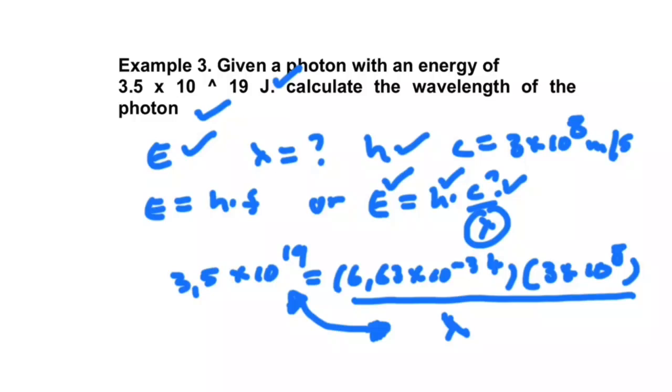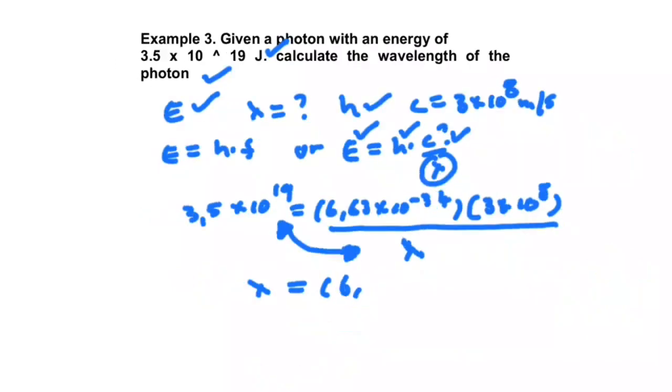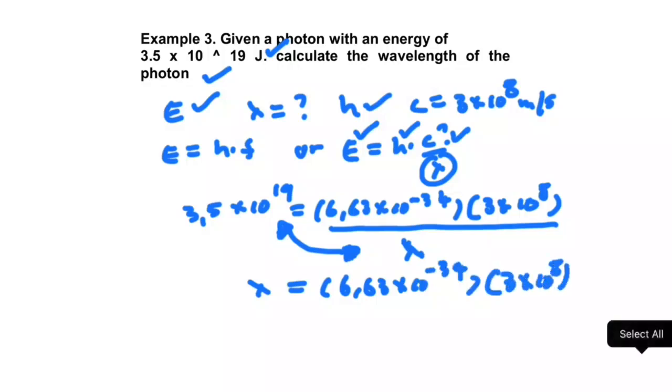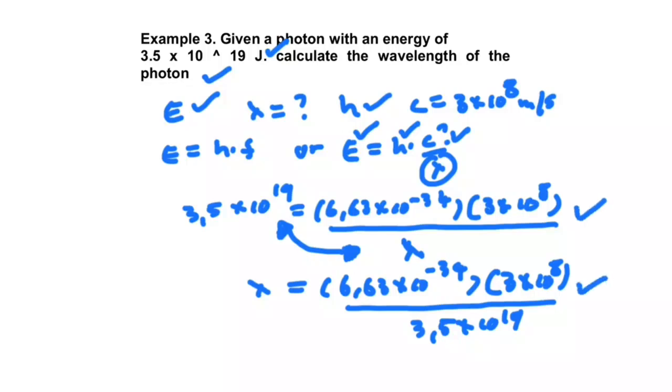So this will be wavelength is equal to 6.63 times 10 to the minus 34 multiplied by 3 times 10 to the power 8, everything divided by 3.5 times 10 to the power 19. So this is what I'm proposing. Instead of cross multiplying first and dividing both sides, just go from this step to this step. You are not going to lose any mark.